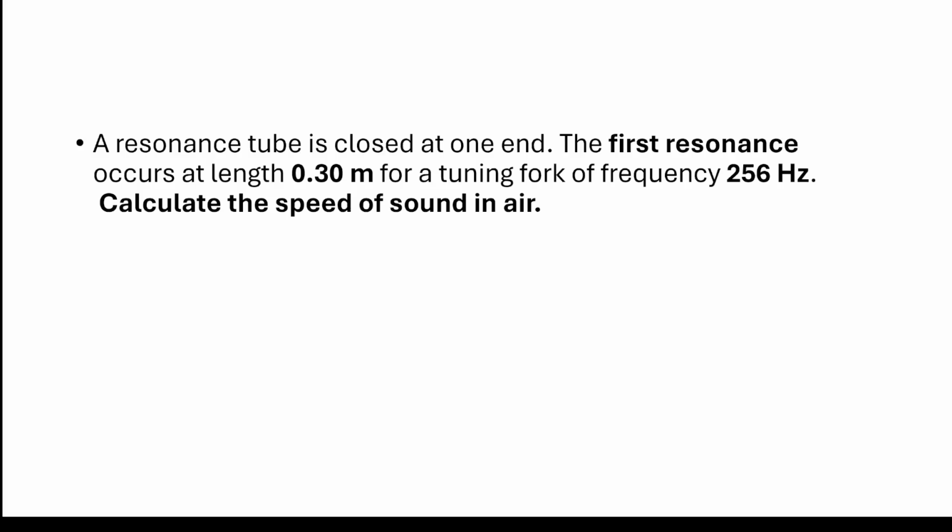A resonance tube is closed at one end. First resonance occurs at length 0.3 meters for a tuning fork of frequency 256 Hertz. Okay, now this is the tuning fork and the resonance tube.